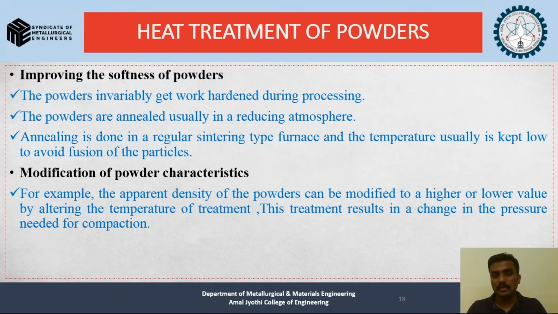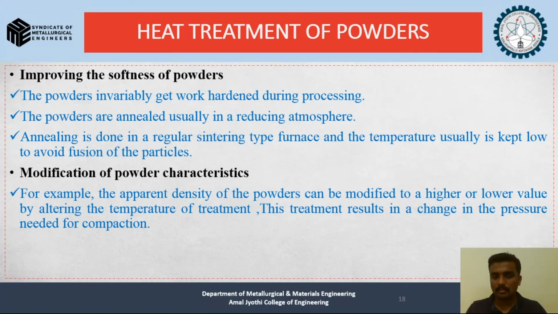So annealing will ensure the purity of the powder by reducing unwanted impurities. The temperature is kept well below the melting point to make sure that fusion of the particles does not happen, because fusion happens in the sintering operation, not in the previous operations. Then comes the modification of the powder characteristics.